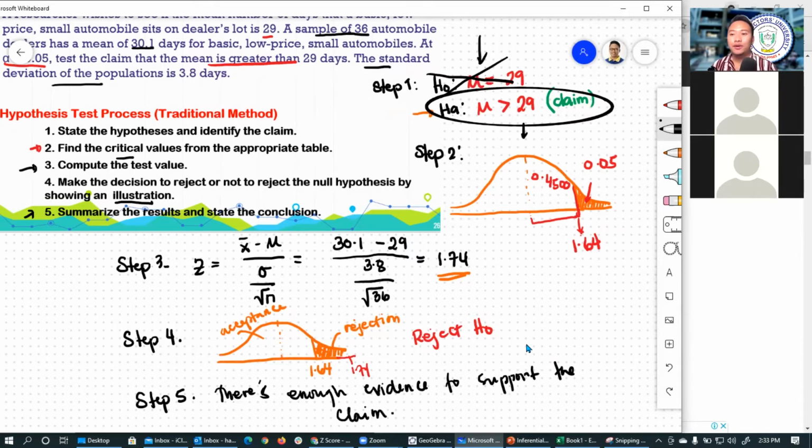There you go. Or you can say there's enough evidence to support the alternative hypothesis. There's enough evidence to support the claim. There's enough evidence to say nga the mean is greater than 29. No matter how you say it, guys, as long as it means the same thing, that you are supporting the alternative hypothesis, I will accept it.